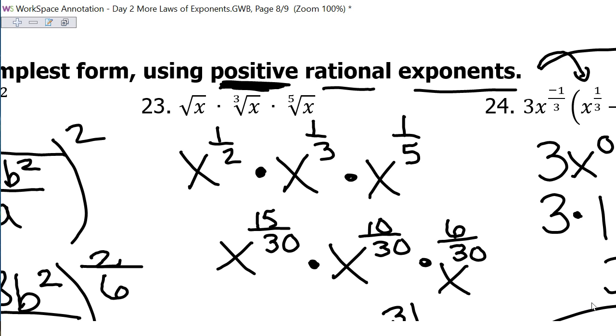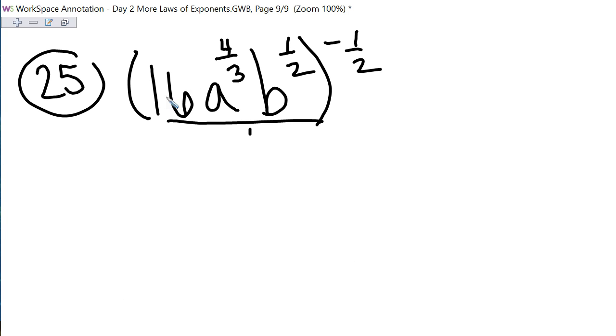And the last one, number 25, last but not least, this one. Now, what if I put this over 1? Flip it. I could flip it, right? So if I flipped it, what would go to the top? 1. What would go to the bottom?